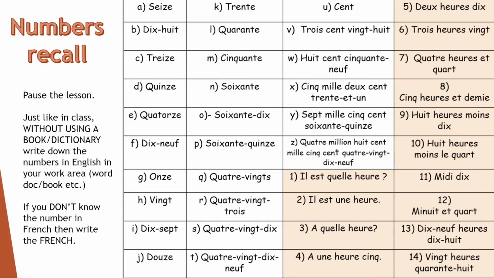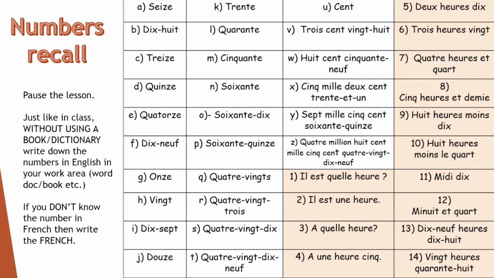So you're going to, in a moment, pause the lesson, and just like in class, don't use Google Translate, don't use a book, don't use a dictionary, just write down the English that you can remember. You write the letter. If you can't remember A, leave it blank. B, if you know what it is, write it down. You can just put the digits for this, rather than the English, in your book or your work area, wherever you're working.